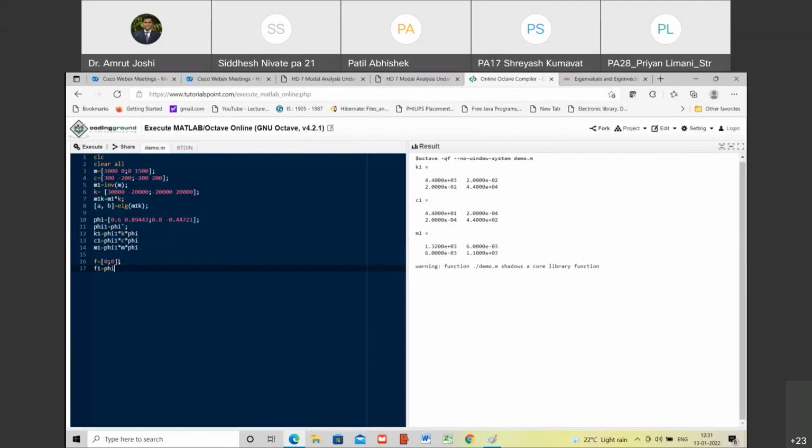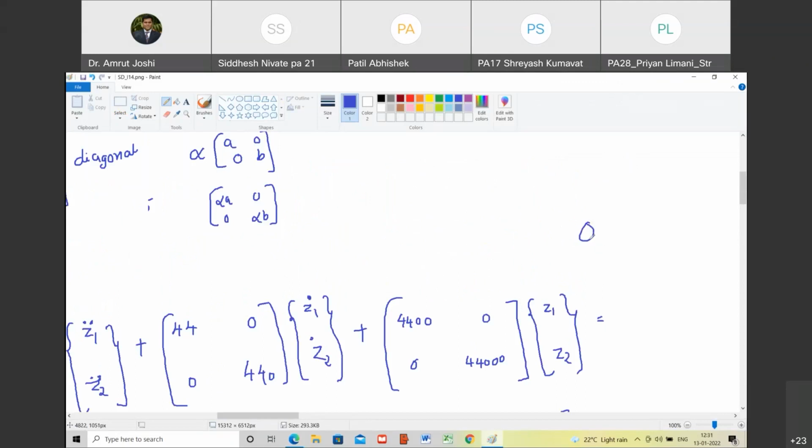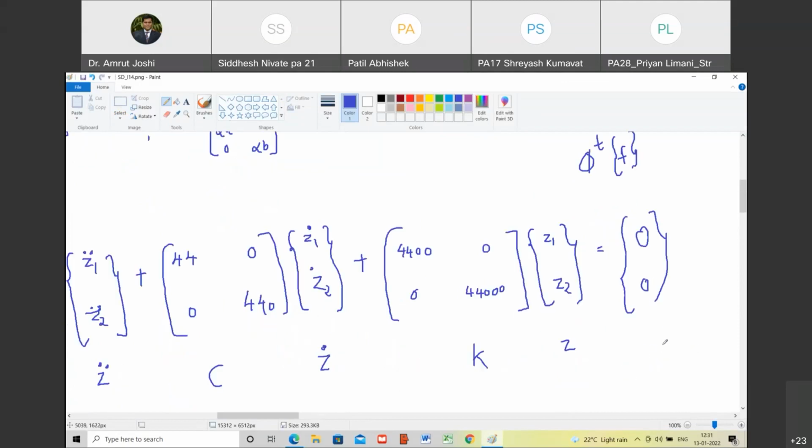In this particular case, as F is 0, the generalized force matrix, which is equal to phi transpose F, is going to be 0, 0. Happy? Yes, sir. This is the generalized force matrix F.